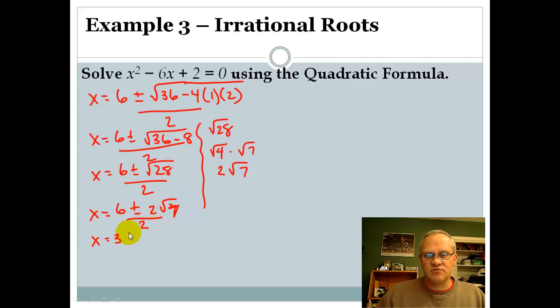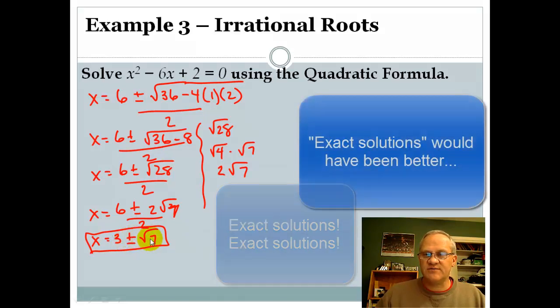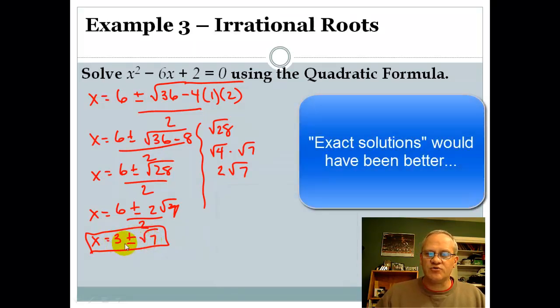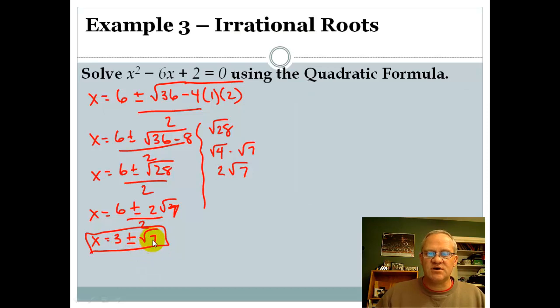So this would just be 3 plus or minus the square root of 7 would be our answer there. Now notice, this is how you could give this answer. This is the exact location. 3 plus square root of 7 is one exact location, and 3 minus the square root of 7. Those are two roots, and they're irrational because they've got an imperfect square root there.